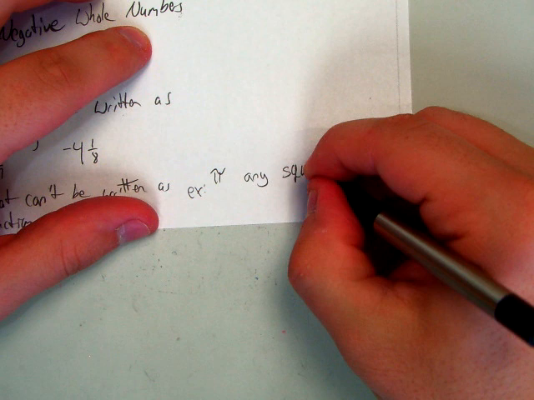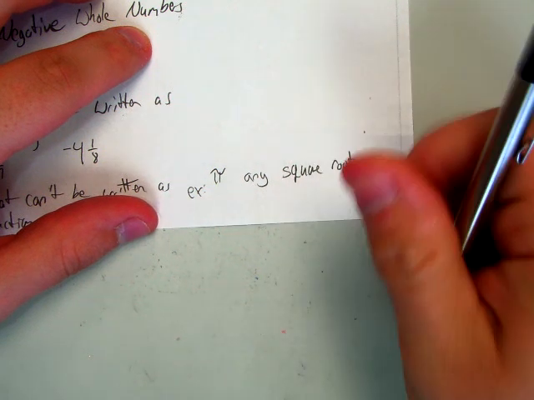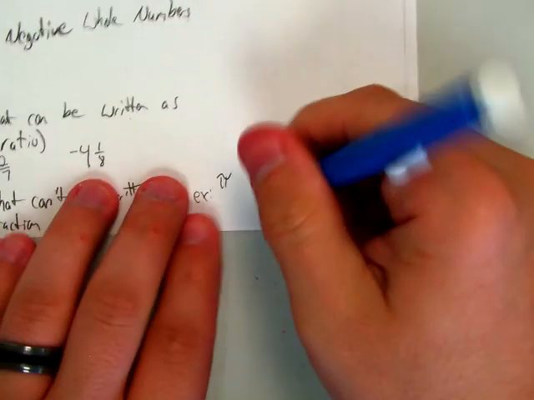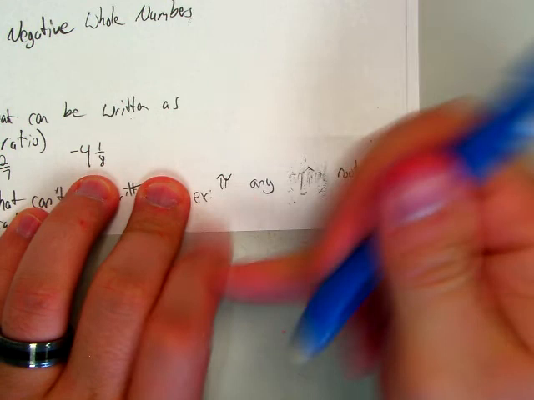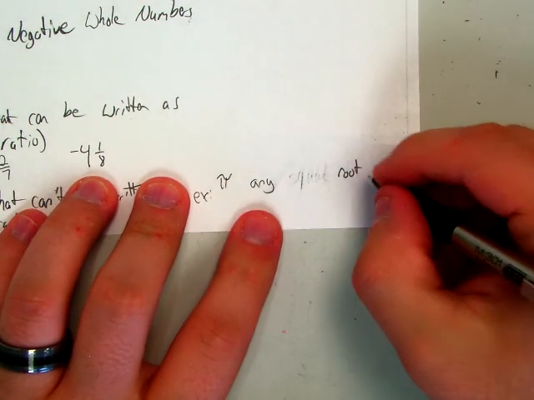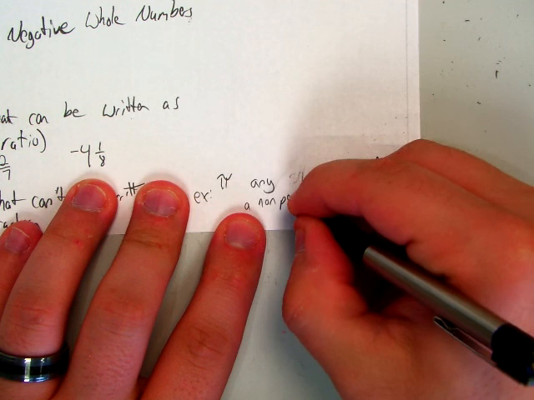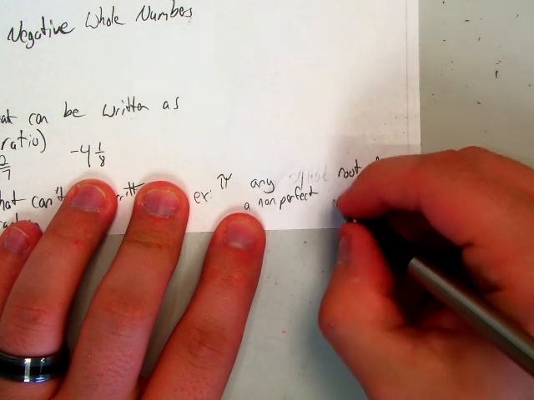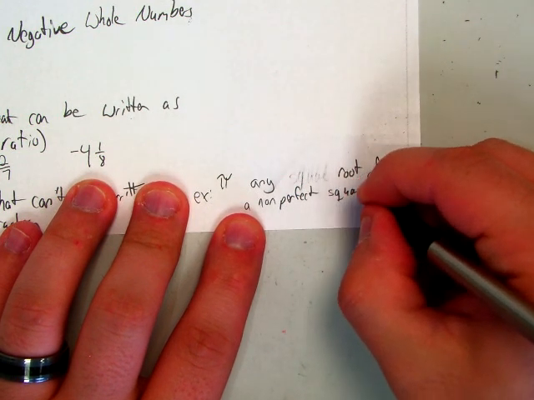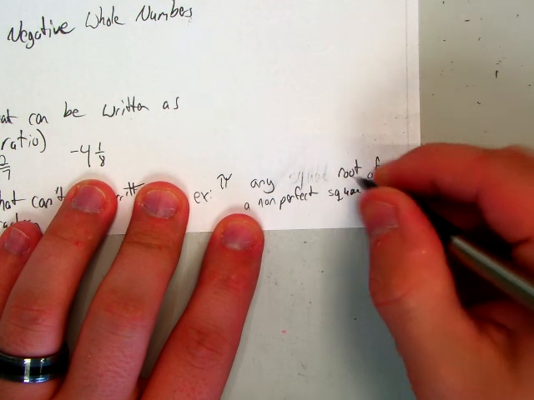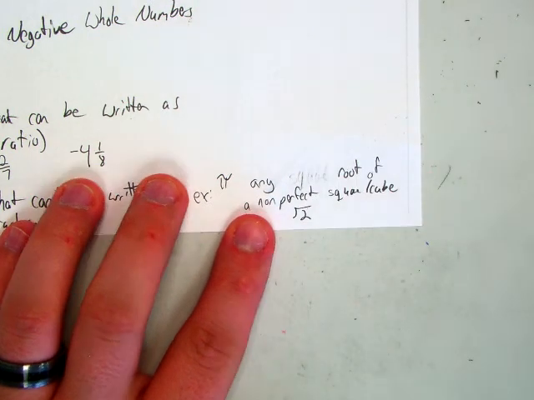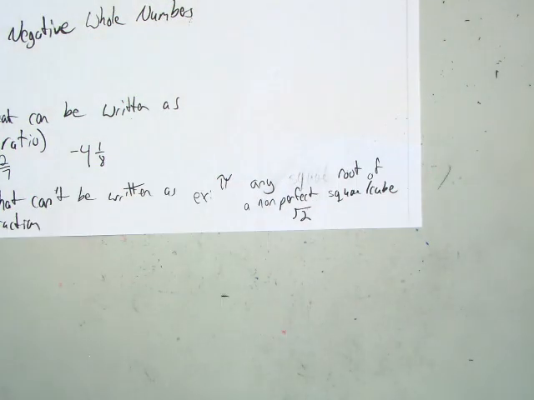Any square root, or any root, I guess, of a non-perfect square or cube. So like square root of 2. 2 is not a perfect square. It's also not a perfect cube.